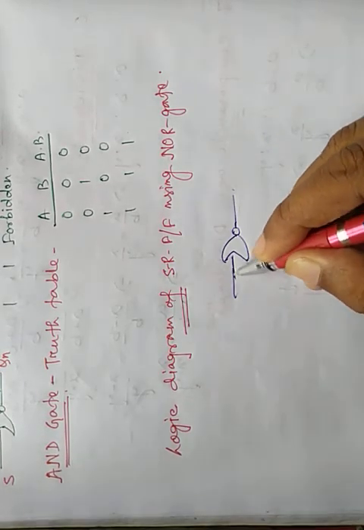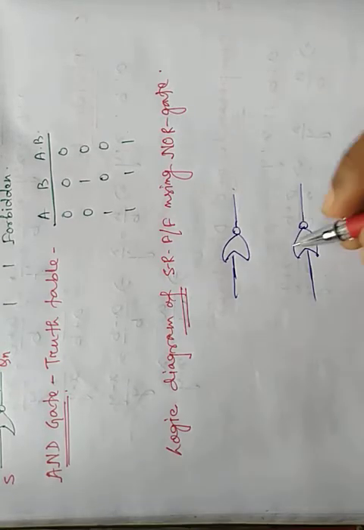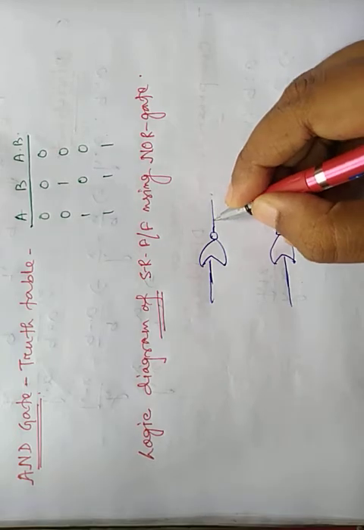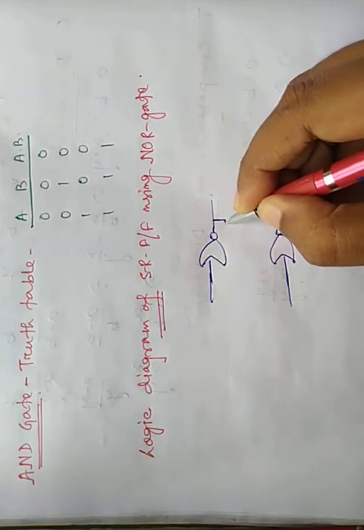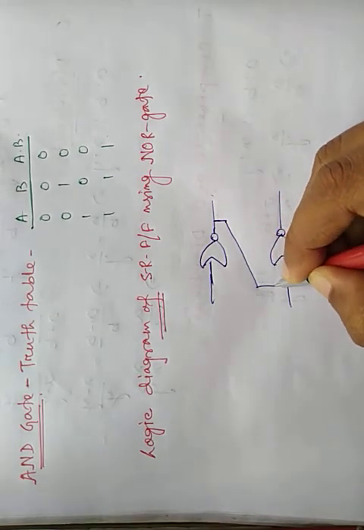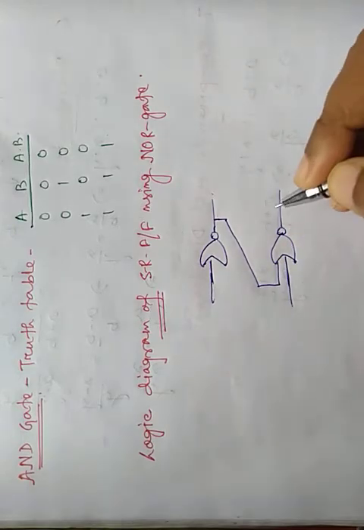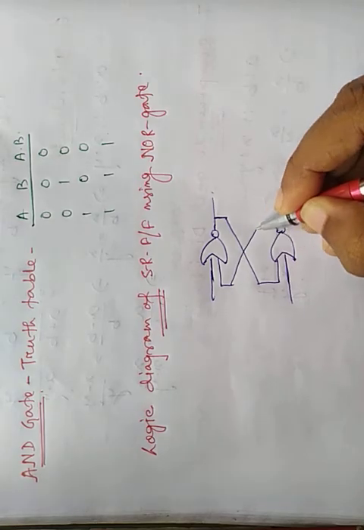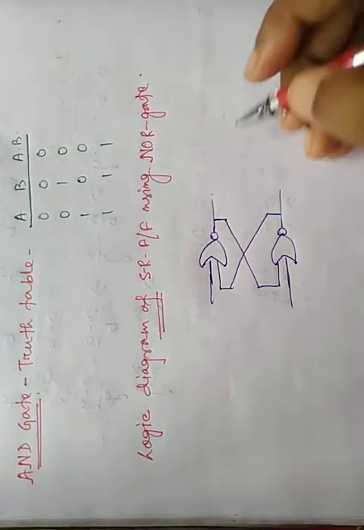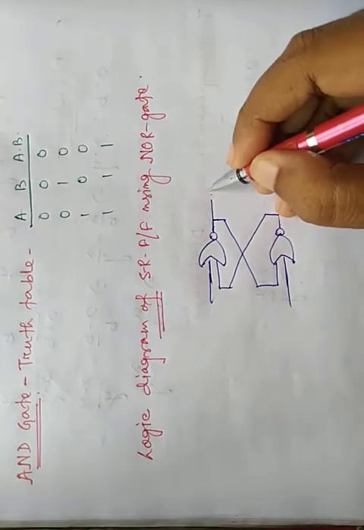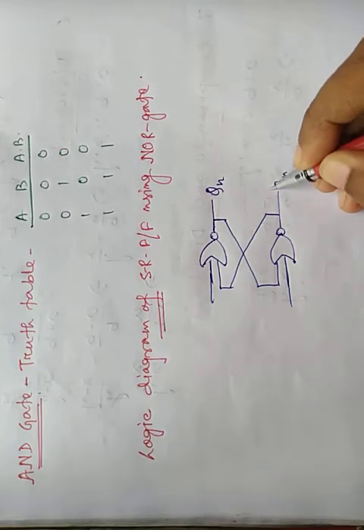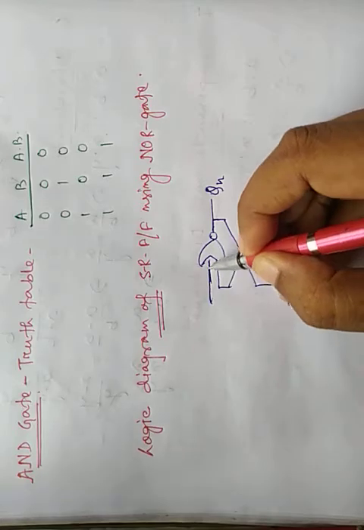At first we are going to draw the SR latch using NOR gate. Now the output of the first gate goes as an input of the second gate, and the output of the second gate goes as the input of the first gate. So it is Qn bar. Now this is our normal latch.